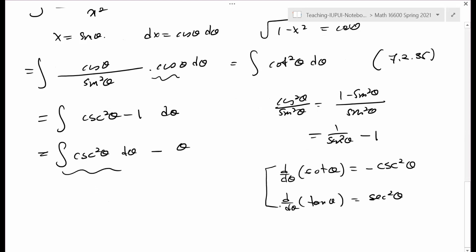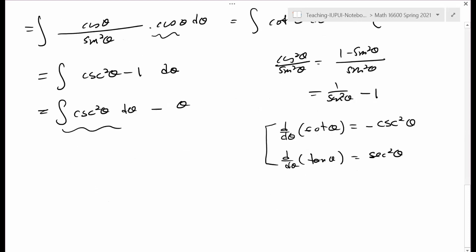So those are the formulas. Therefore, the antiderivative is negative cotangent theta minus theta, plus a constant. That's it. Good, so I solved this problem. I also almost answered the question you have.